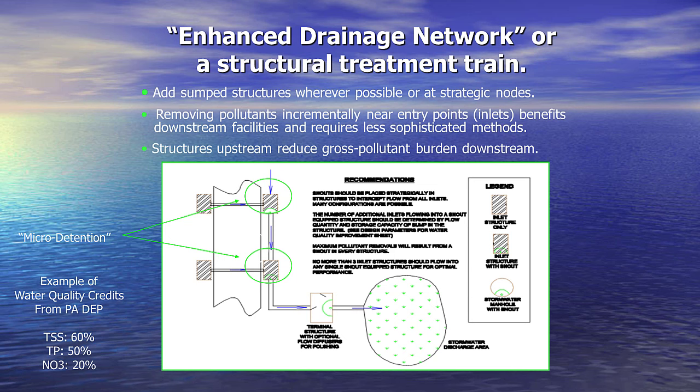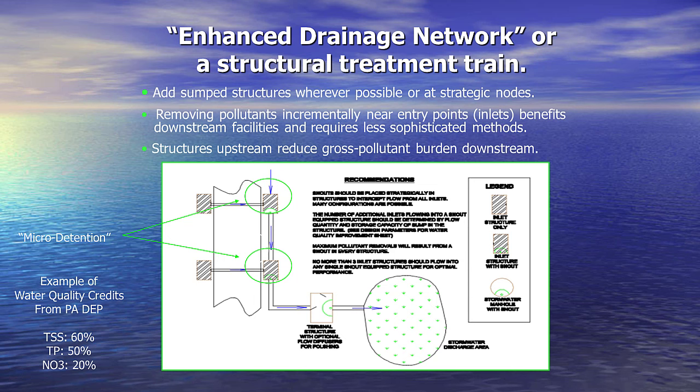You can think of every sump structure as a micro detention node. So you're putting sump structures in your drainage run wherever possible, or at strategic nodes, meaning maybe some pipes are coming together. You want to remove pollutants at entry points as much as possible, meaning inlets.